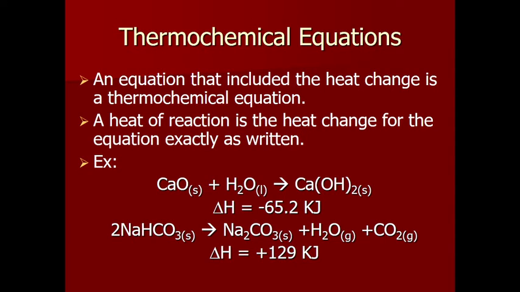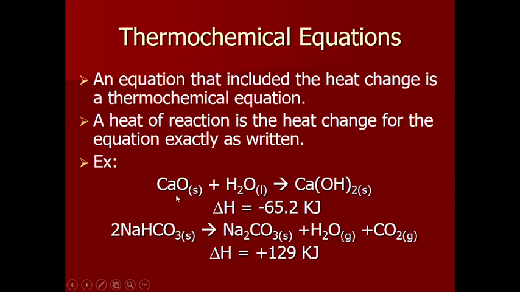Thermochemical equation. What is a thermochemical equation? An equation that includes the heat change is called a thermochemical equation. All those chemical equations that include a heat change. So heat of reaction is the heat change for the equation exactly as written. These are the two examples.